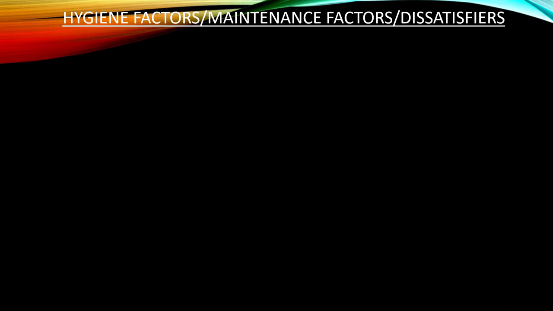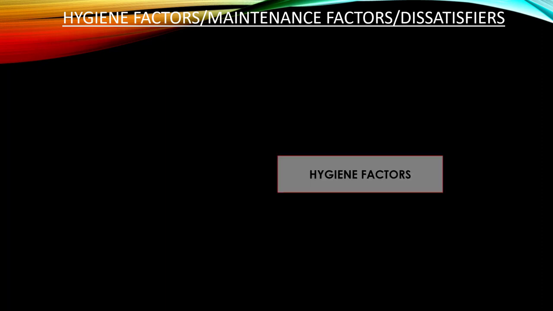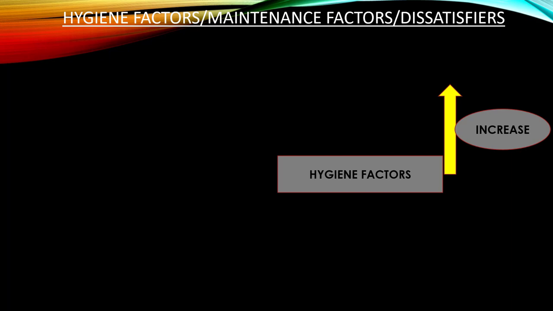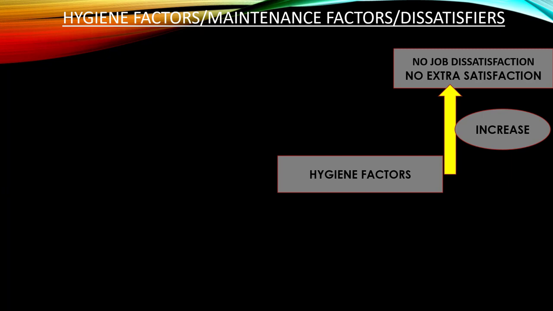The hygiene factors are also called maintenance factors or dissatisfiers. Now when the hygiene factors increase, that is, the presence of hygiene factors is more in the organization, then there will be no extra satisfaction which the employee will get, but there will be no job dissatisfaction. That is, when hygiene factors are more in the organization, the employee will not be dissatisfied.